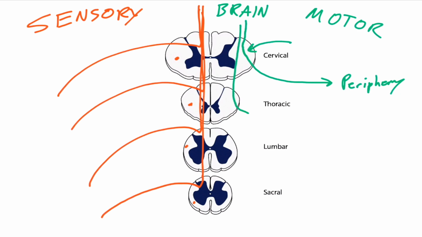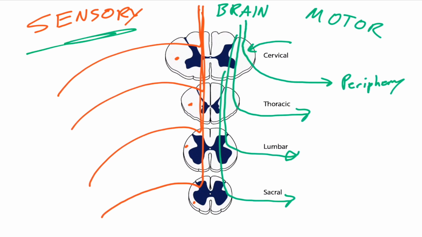In other words, you're going to have more white matter at the top as you continually lose the nerves heading to the periphery. So it's consistent with what we've demonstrated here with the sensory nerves. There's going to be more white matter at the top and less at the bottom. So notice how each level of the spinal cord has a distinct appearance.